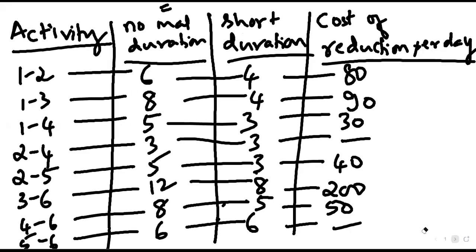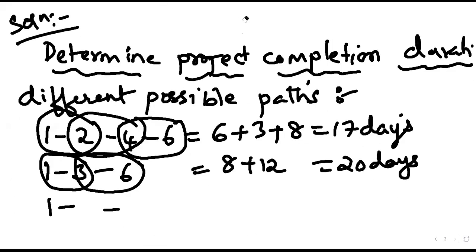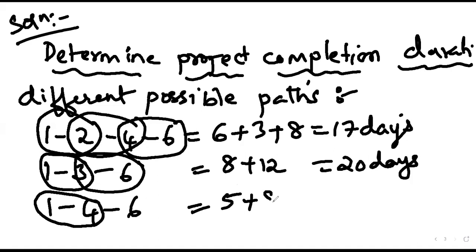1, 2, 4, yes, you are right. 1 to 4 and 4 to 6. 1 to 4 is how much? 5 plus 8. Next. 2 to 5.